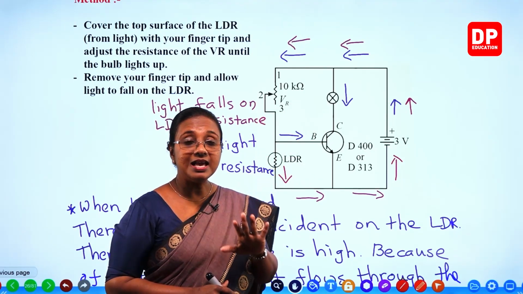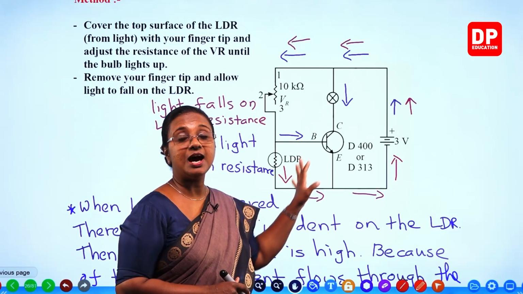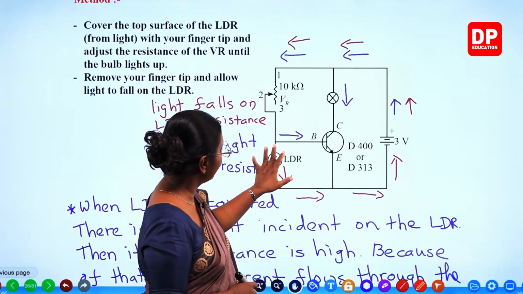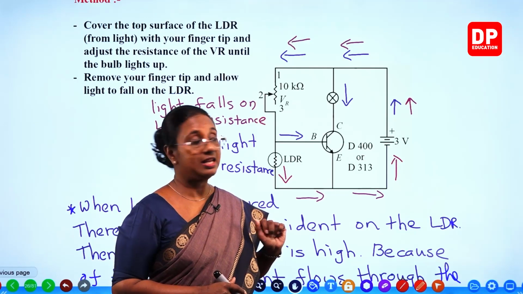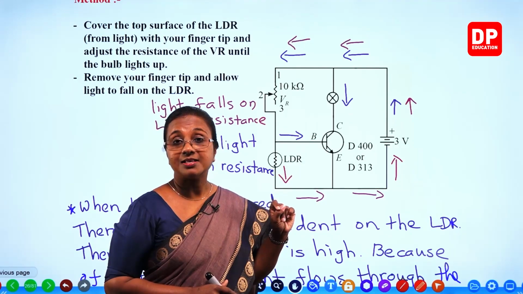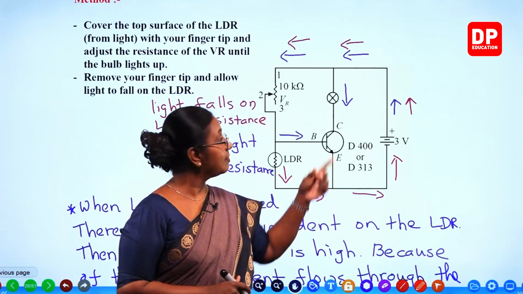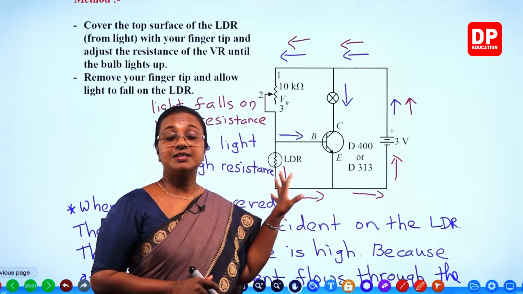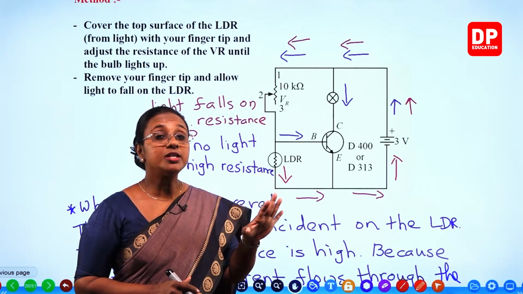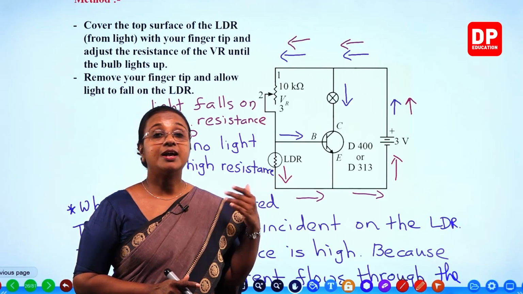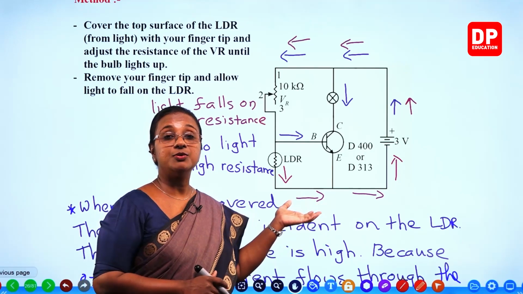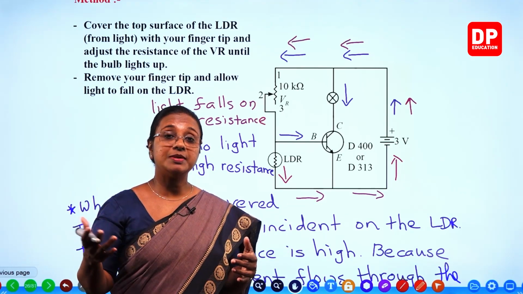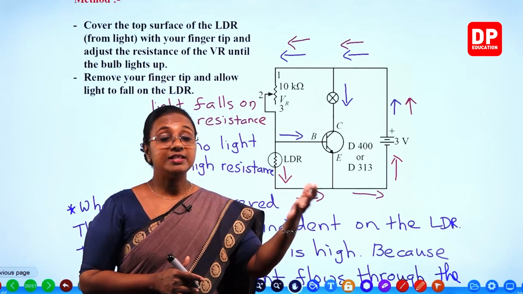So when there is daytime light falling on the LDR, the bulb does not light. But when dark falls and no light is incident on the LDR, the transistor acts as a closed switch and the bulb lights. That is how the transistor functions as an automatic switch. Like I mentioned to you all before, we can use this system in the household where the lights can come on automatically when dark falls, or in street lights.